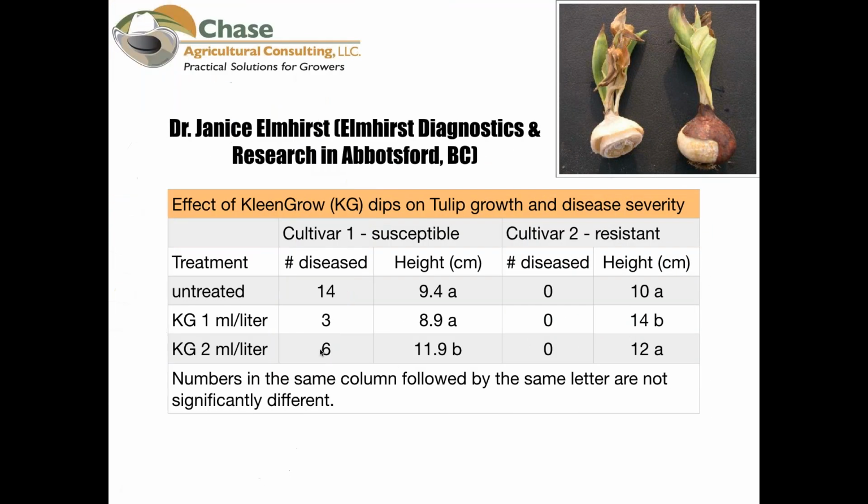If we switch over and take a look at the tulip data, in this case, she used 2 different kinds of tulips. One of the cultivars was really susceptible to Fusarium, and one of them was really resistant. In this particular trial, what she found out was that, again, that dip dramatically reduced the number of diseased plants, a lot less in the dipped tulips in this one cultivar that was susceptible.